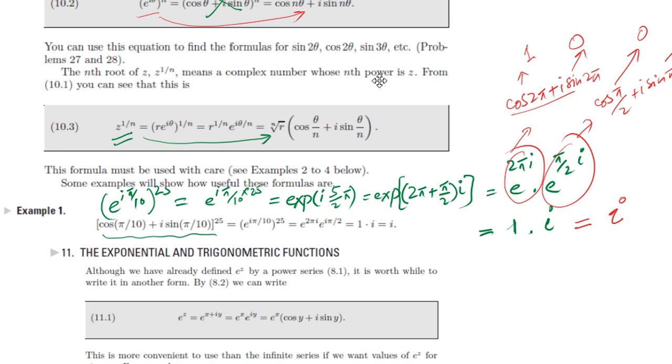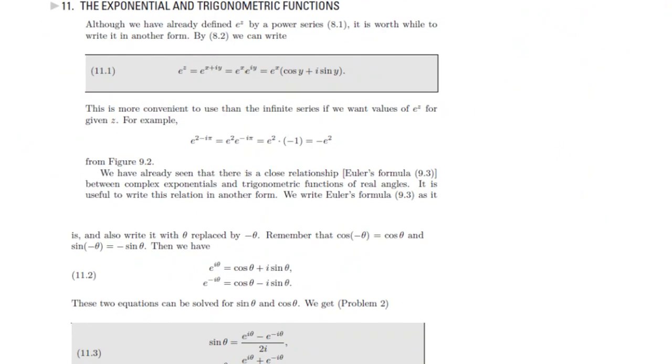Another thing that we usually use in complex numbers is that if we have a complex number in the exponential, the complex number itself in the exponential, you need to take care.